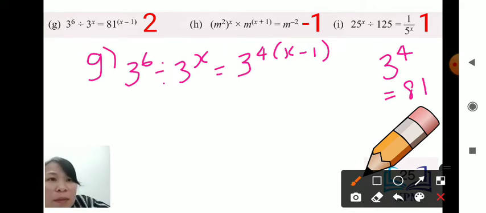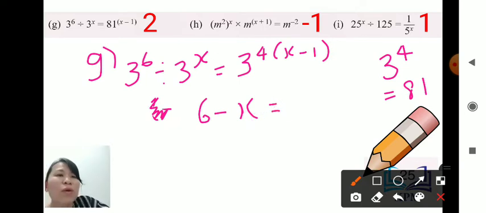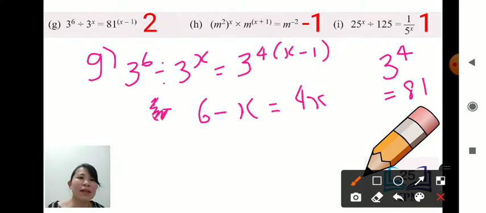Okay, now you can solve the problem. They have the same base now. 6 minus x, is equal to 4x minus 4.